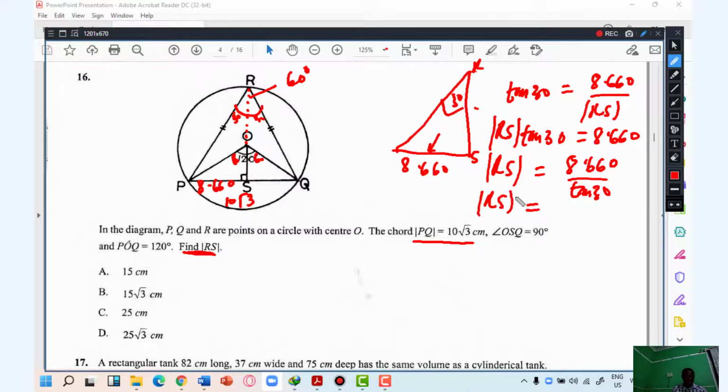So 8.660 divided by tan 30 will give us 14.99999, which is approximately 15 centimeters. So we get 15 centimeters to be RS. So that is how you solve question of that nature.